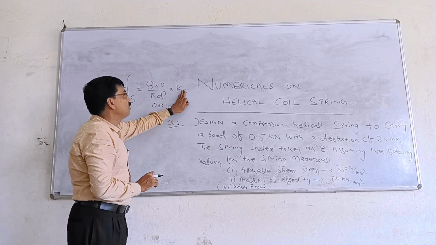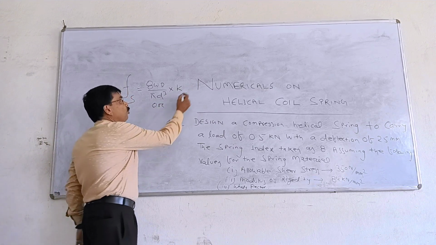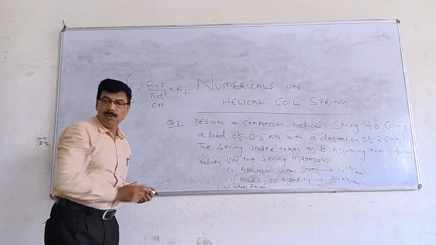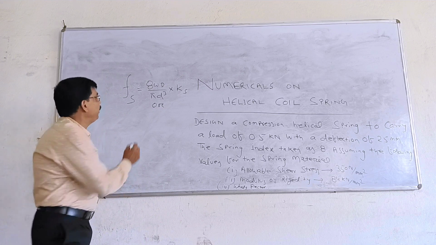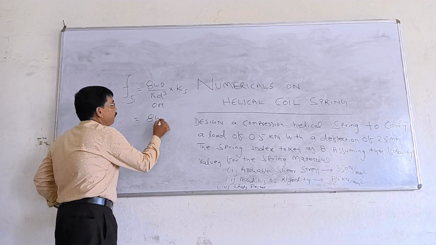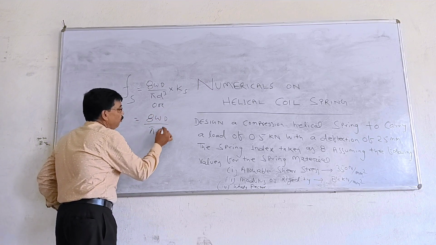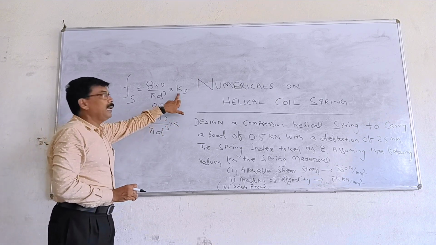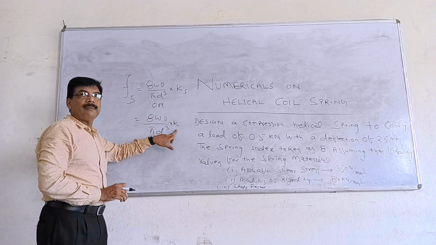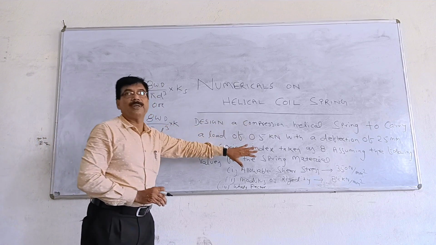So the formula will be 8 W D by pi d cube into K. Either we use Ks or K, depending upon the question.